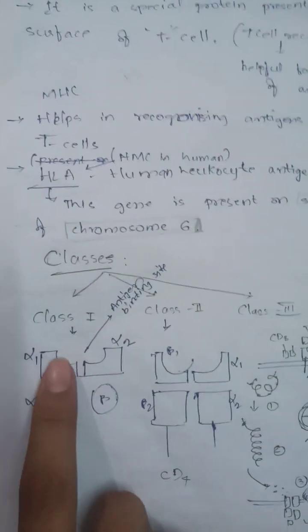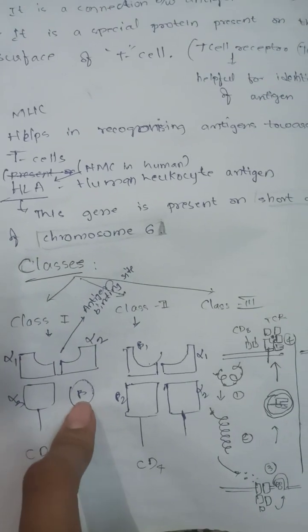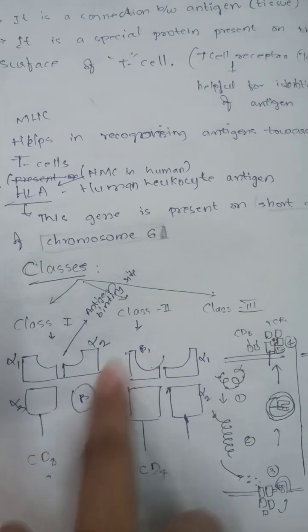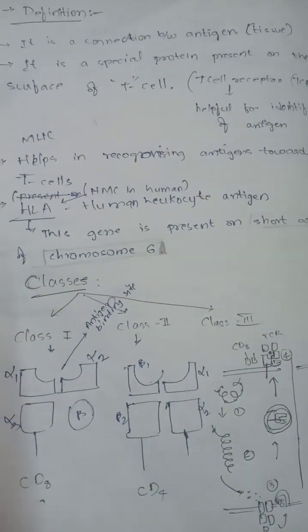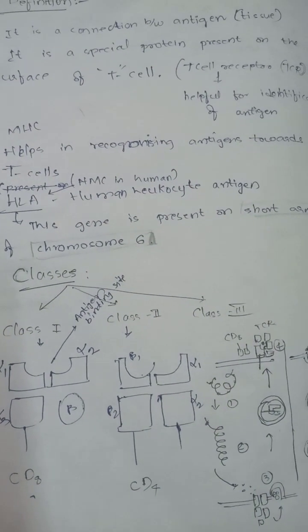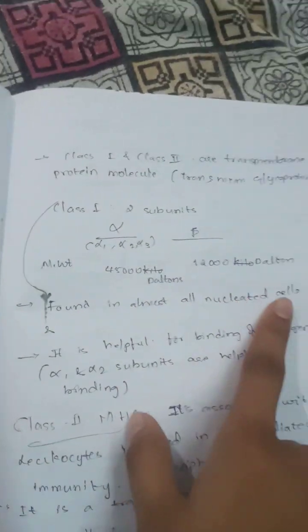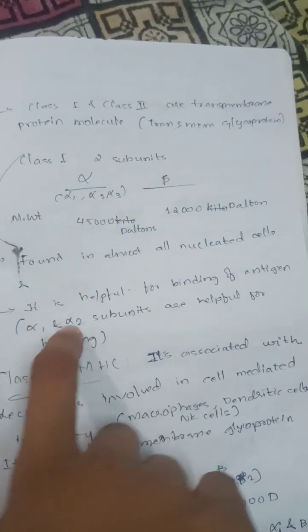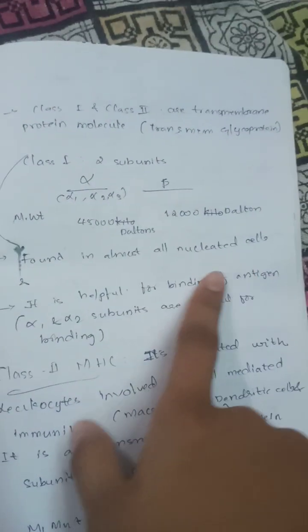See, these are the alpha subunits, and this is the beta subunit. Class 1 major histocompatibility complexes are found in almost all nucleated cells. So it is helpful for the binding of antigen.